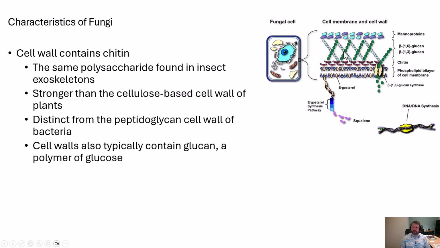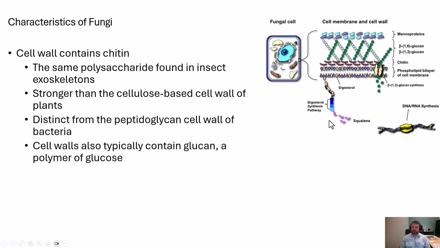But underneath that is a series of glucan, and then underneath that is their chitin layer, which is excreted here by specialized proteins that excrete chitin, and it can solidify, but again it's flexible, so it takes different shapes.